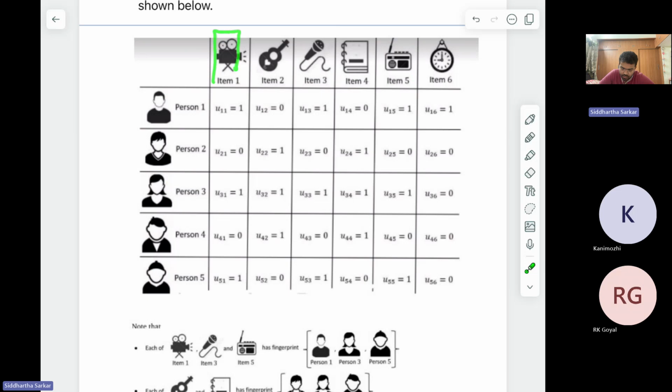So these items can be thought of as equivalent with respect to person 1, person 3, and person 5. It doesn't matter whether you give the camera to person 1, person 3, or person 5. These three items can be given in any order to these three persons without causing an issue of envy.